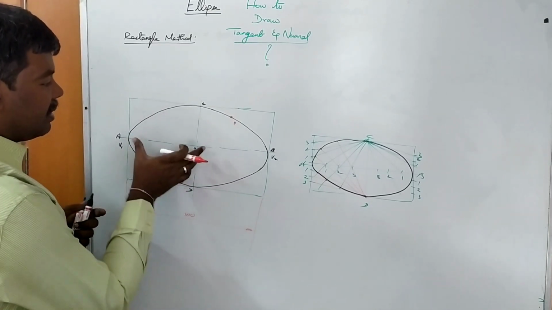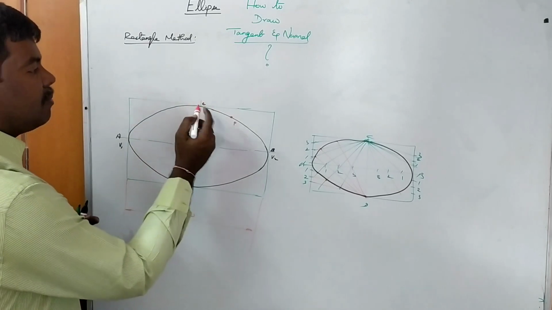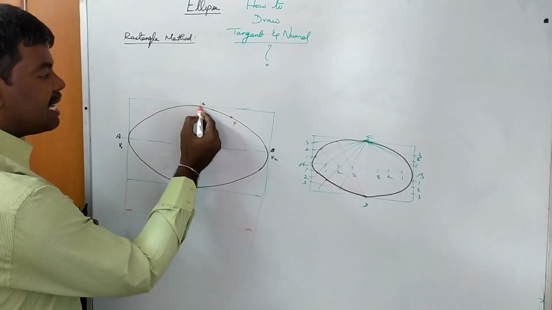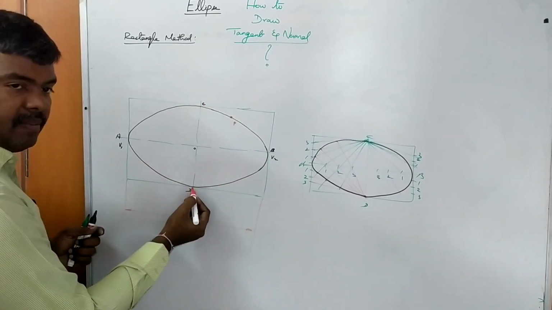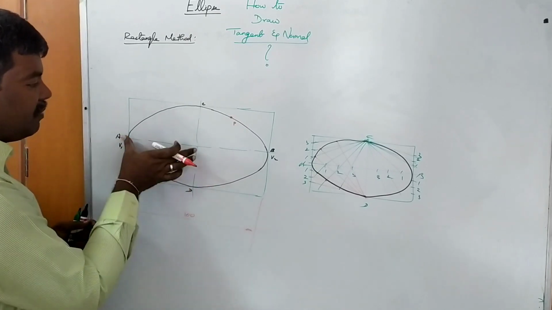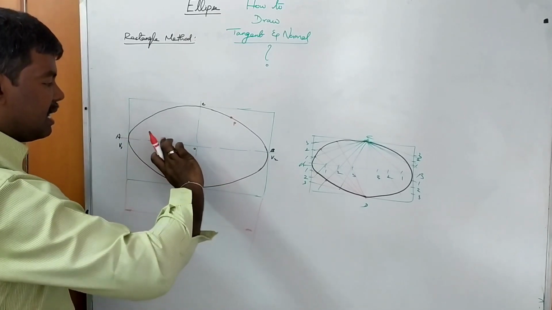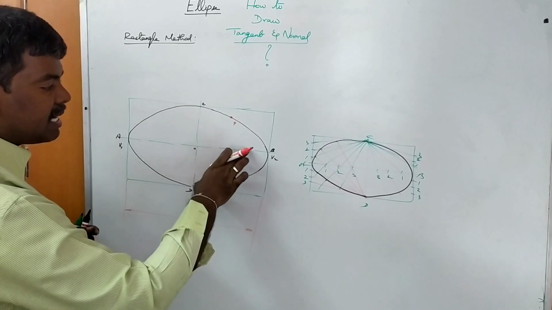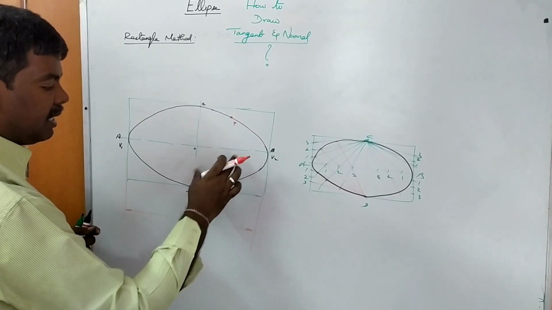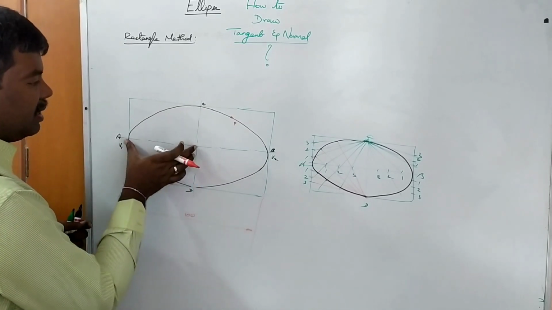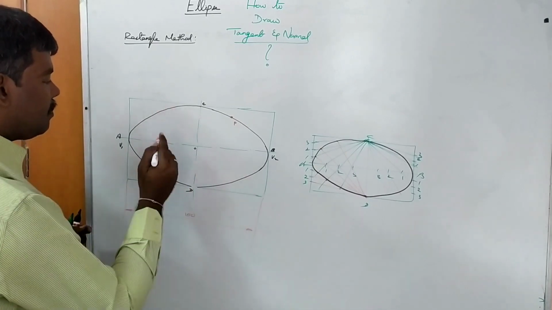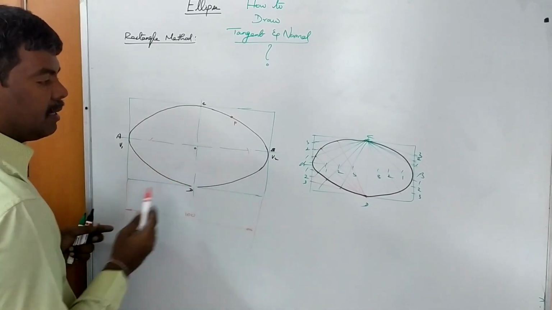Now consider C as the center, either C or D, wherever. With 50 as the radius, intersect arcs on the major axis on both left and right sides. So 50 here and here. Clear?